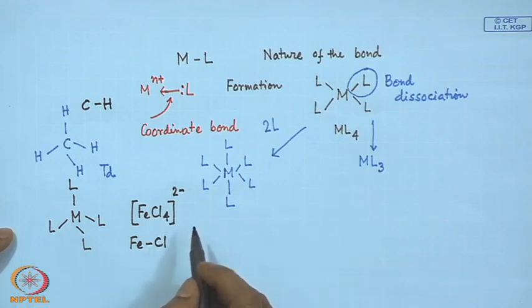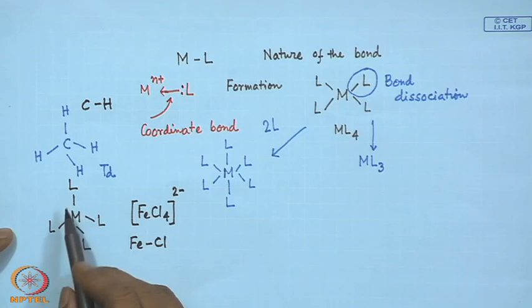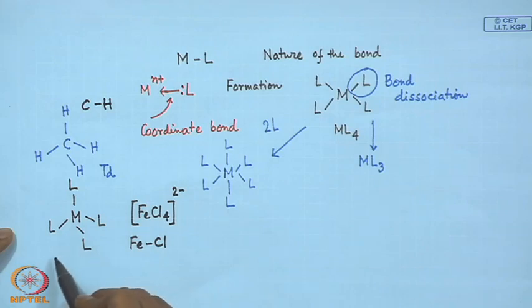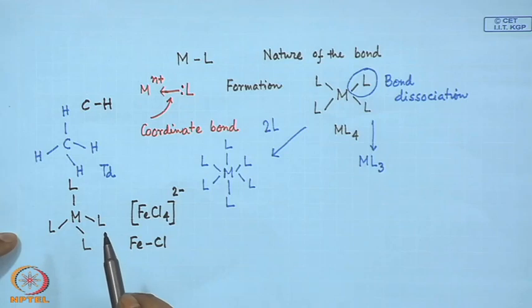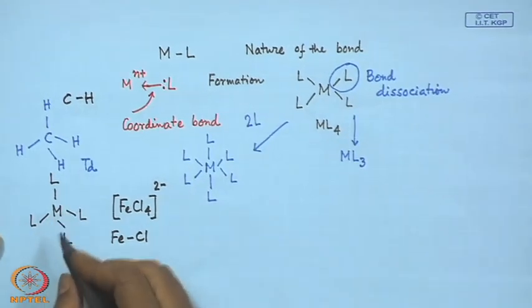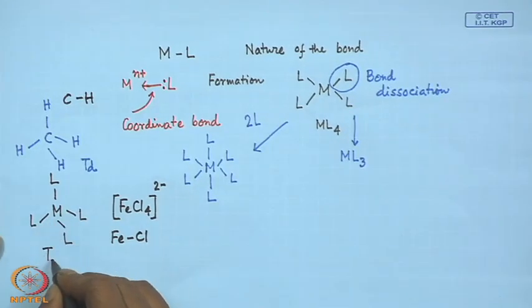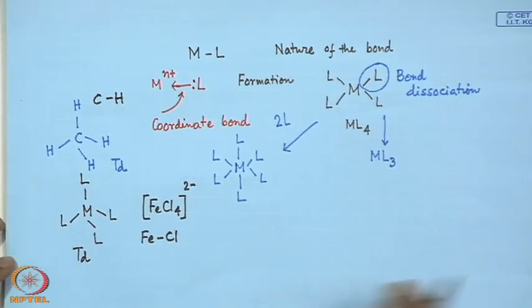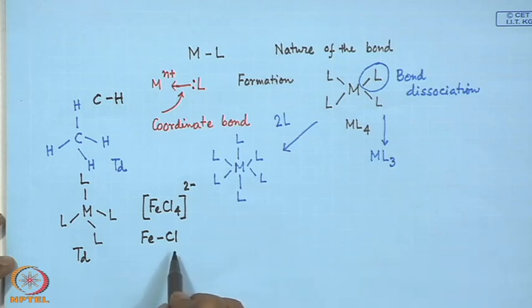Similarly, in coordination chemistry, if we consider the formation of this ML4 species and its conversion and its reactivity, all the time we should focus our attention on the nature of these bonds. Likewise, the FeCl4 2 minus compound is also tetrahedral in geometry, and we have 4 such FeCl bonds.